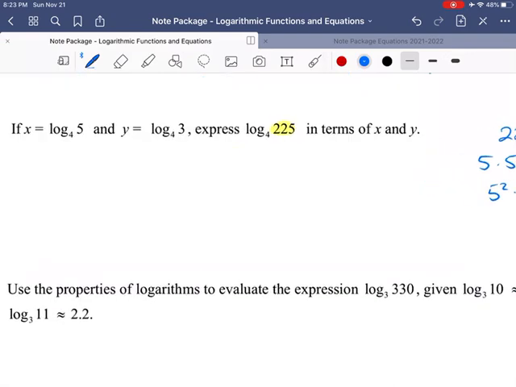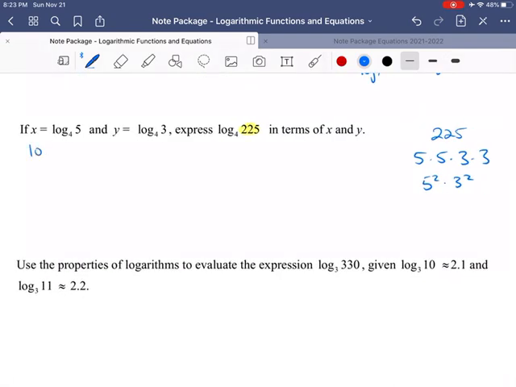So if we go back to the original log 4 225, this will become log 4 of 5 squared multiplied by 3 squared. If we split that up, we'll get log 4 of 5 squared added to log 4 of 3 squared.